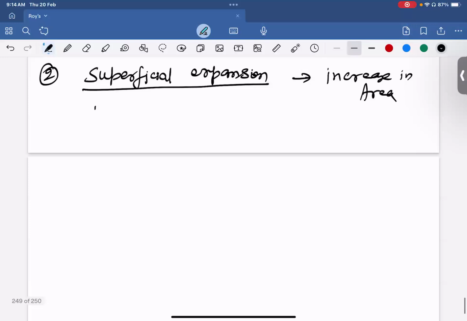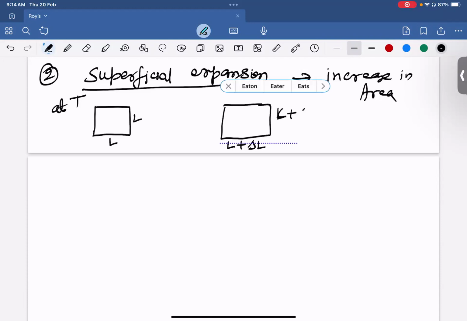You have, let's suppose, a square of side L. This is at temperature T. When you increase the temperature, its length slightly increases. It becomes L plus delta L, and this also increases to L plus delta L. And this is at temperature T plus delta T.